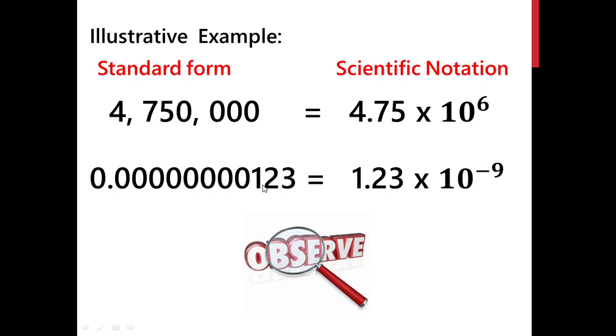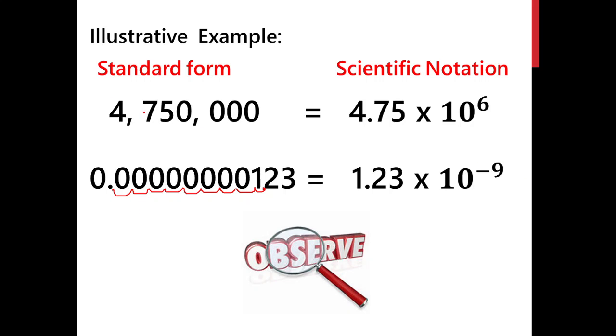So our decimal point is here, and we count 1, 2, 3, 4, 5, 6, 7, 8, 9, going to its original place. So you have 9 steps going to the left, that's why it's negative.